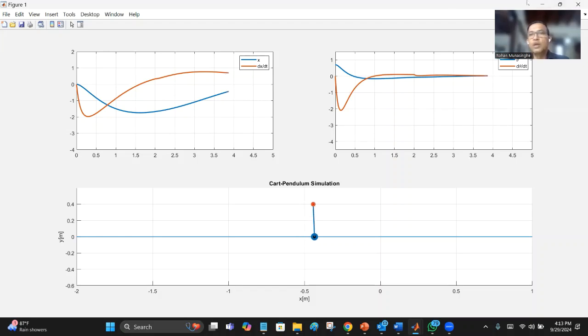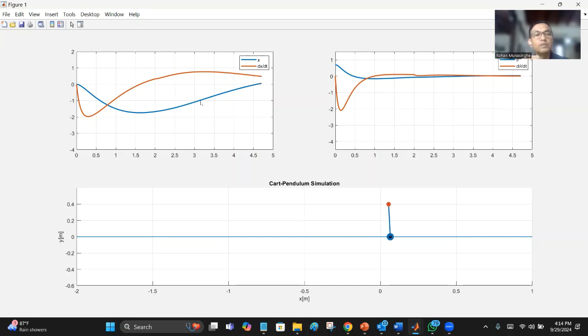Right. So I don't want to continue this one. Okay, but look at the graphs here, right? The cart position and cart speed, right? Goes like that. Cart position is to be stabilized at 0.5 meters. So it should be somewhere over here. Now you can see it is coming there, right?